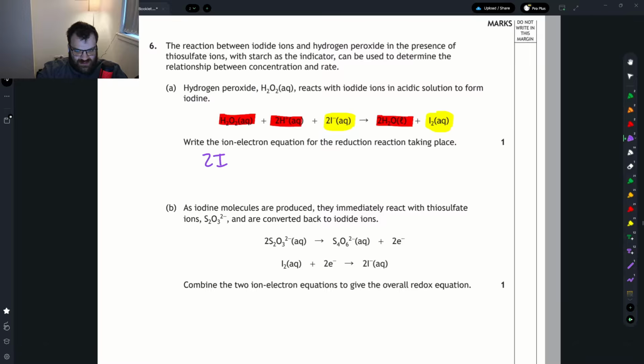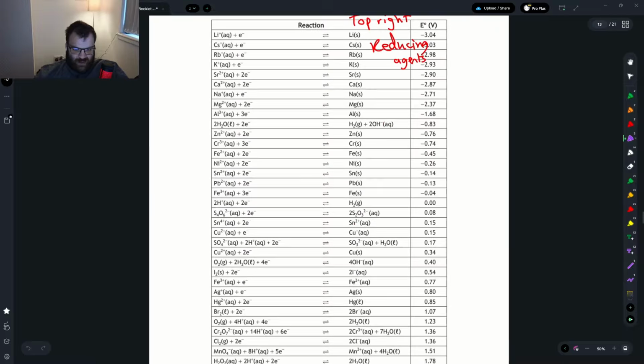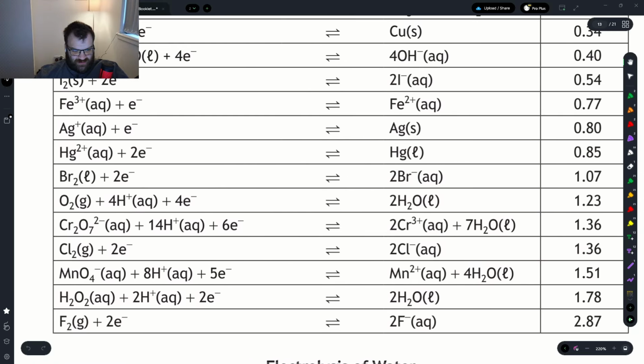So it's I2 minus AQ going to I2 AQ. And then the other one we've got is H2O2 AQ plus 2H plus goes to 2H2O. Both of these are in the data booklet, which is nice.